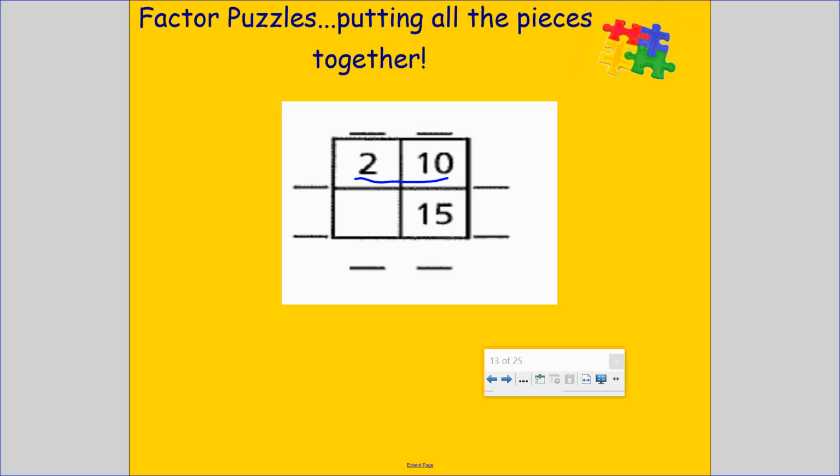By 5s. So 1 times 2 is 2, 2 times 5 is 10. But 15, what makes 15? If I bring the 2 down right here, would 2 go into 15? No. So let me erase that.